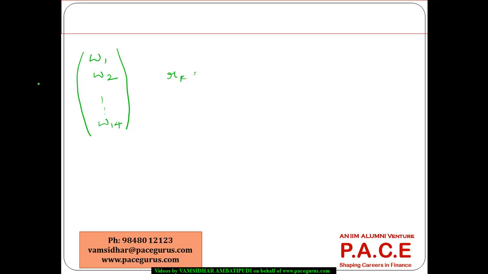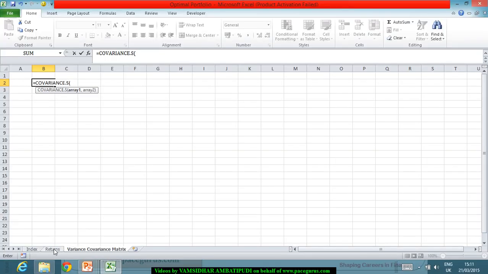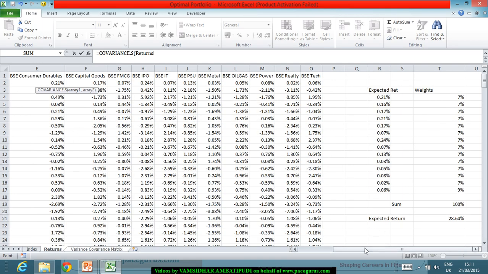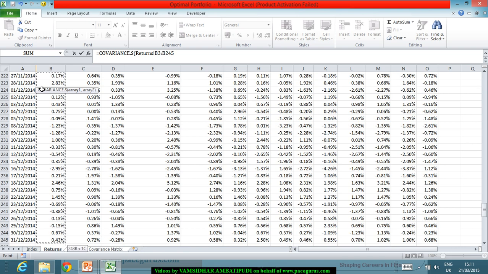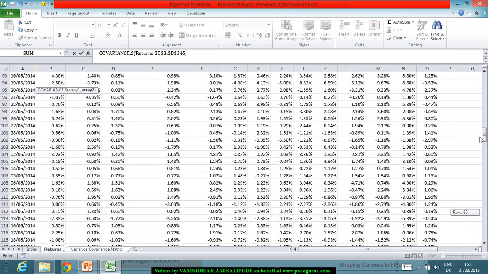I can simply use the formula covariance between, let's say, this particular column of data, comma, the same column of data.